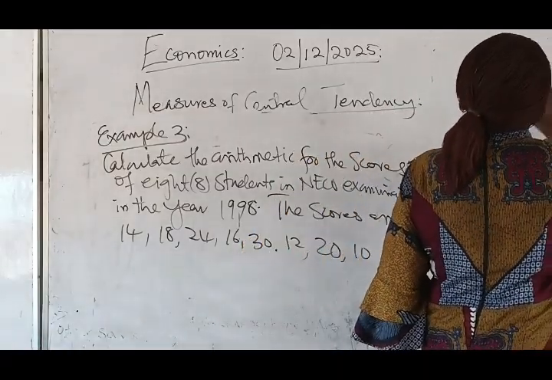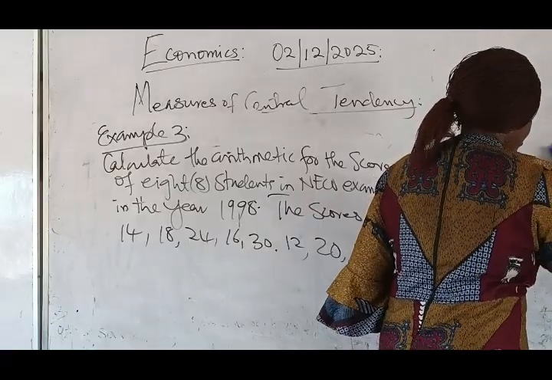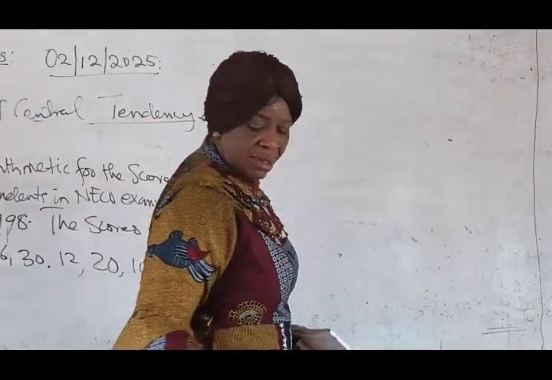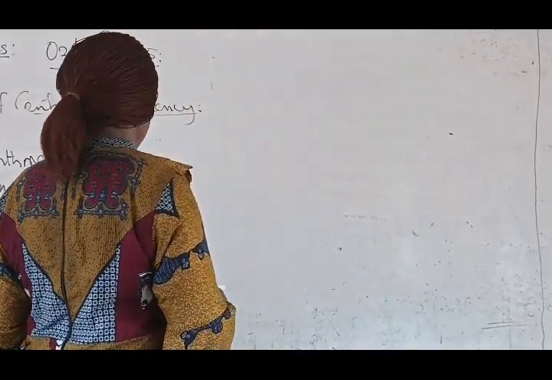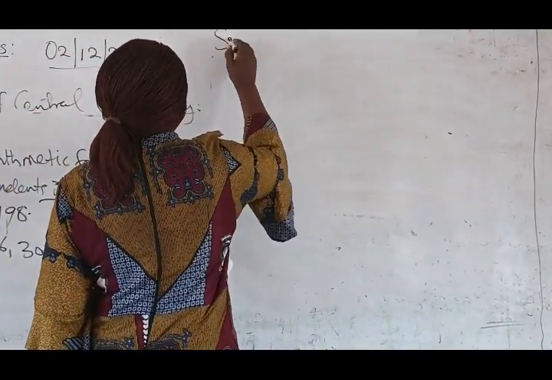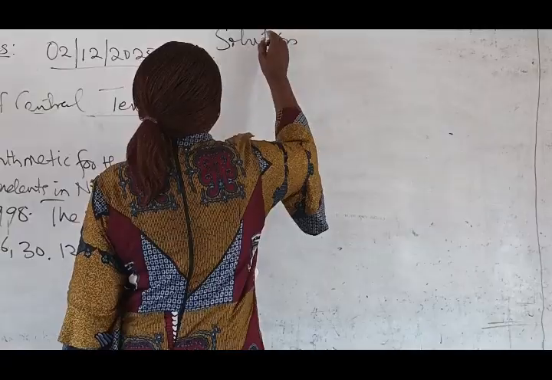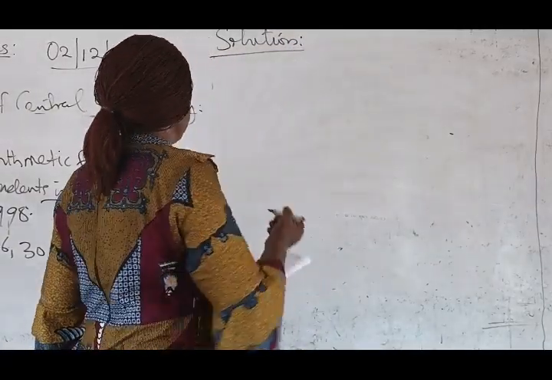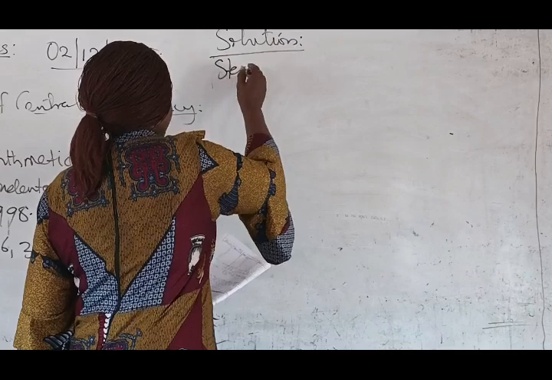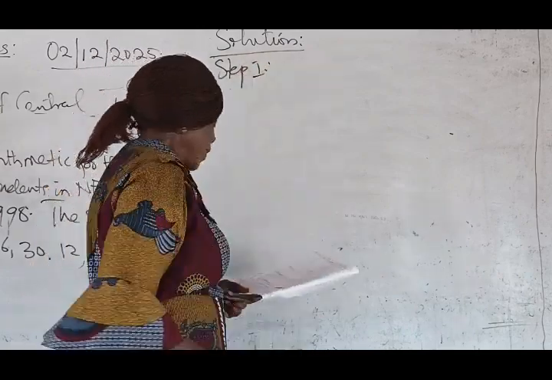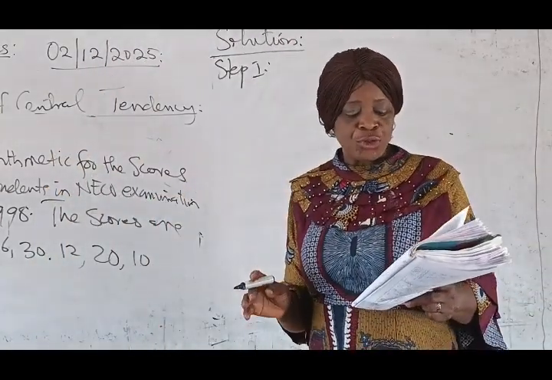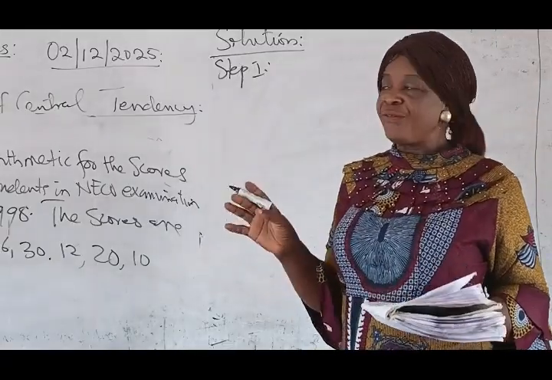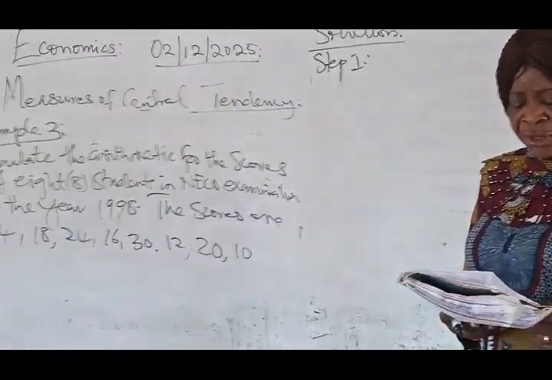So let's see how we are going to solve this. It's also as easy as the other ones. For our solution, if you look at the figures involved, they are not too many. You can easily add straight, so there is no need of using a frequency distribution table.